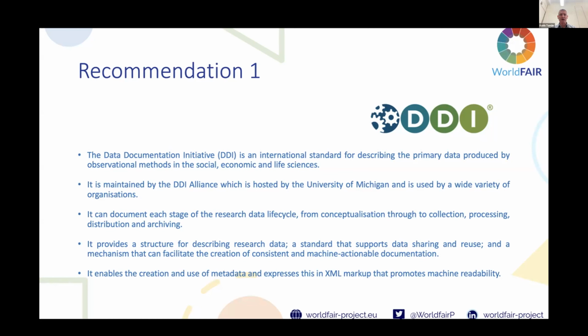It provides a clear structure for describing research data and gives a standard that supports data sharing and reuse. So it very much points in the direction that FAIR is aspiring towards. And it's a useful introductory step for agencies who may not have had exposure to this work before.